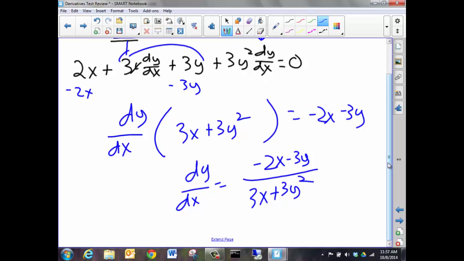Now, if all the signs are exactly the opposite, it's exactly the same thing. If that's a plus and that's a plus and that's a minus and that's a minus, it's the same thing because it's just factoring a negative 1 out of both of them. So be sure you can recognize if all your signs wound up being different from what one of the multiple choice is, you still may have the right answer there.